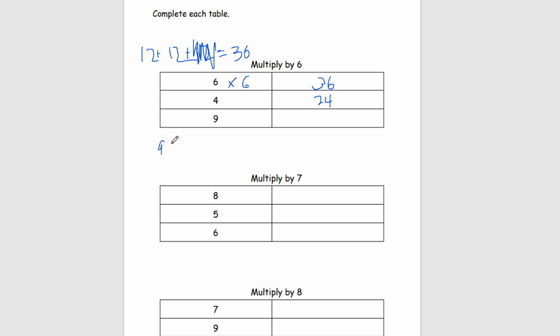So we could do 9 plus 9 plus 9 plus 9 plus 9 plus 9, and add these all up. 9 plus 9 is 18, so we have 18 plus 18 plus 18. 18 plus 18 is 36, plus another 18 is equal to 54. So our answer for number 9 is 54.